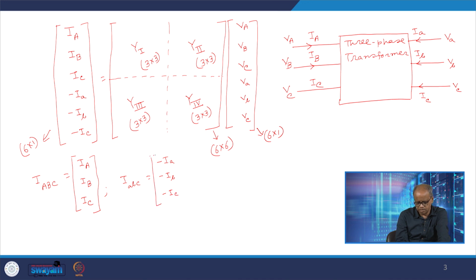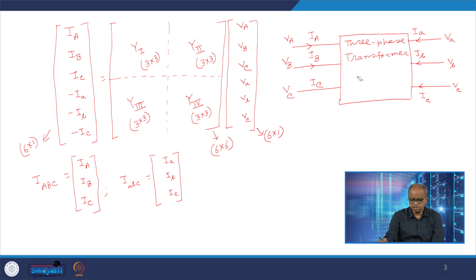Please note that we can also take this as IA, IB, IC if we are clear about the pictorial representation.